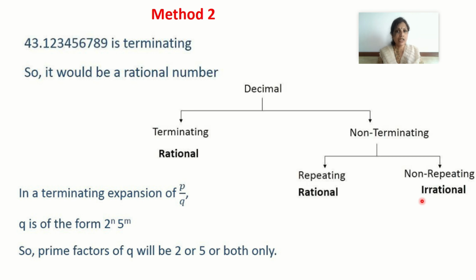But if it is a rational number and it is non-terminating and repeating, then its denominator will not be in the form of 2 raised to n, 5 raised to m. Let's see some more examples, then it will be more clear to you, and we will be following method 2 to find out. Okay, so let's see now.